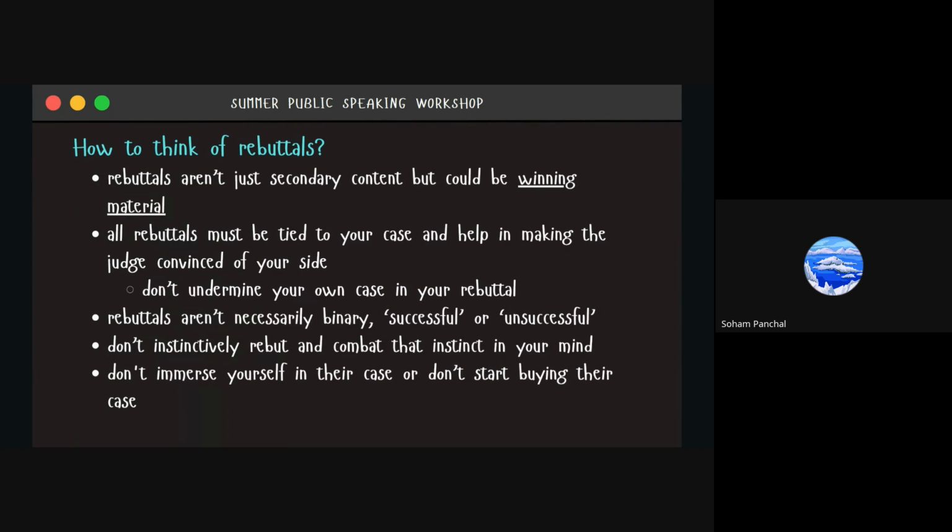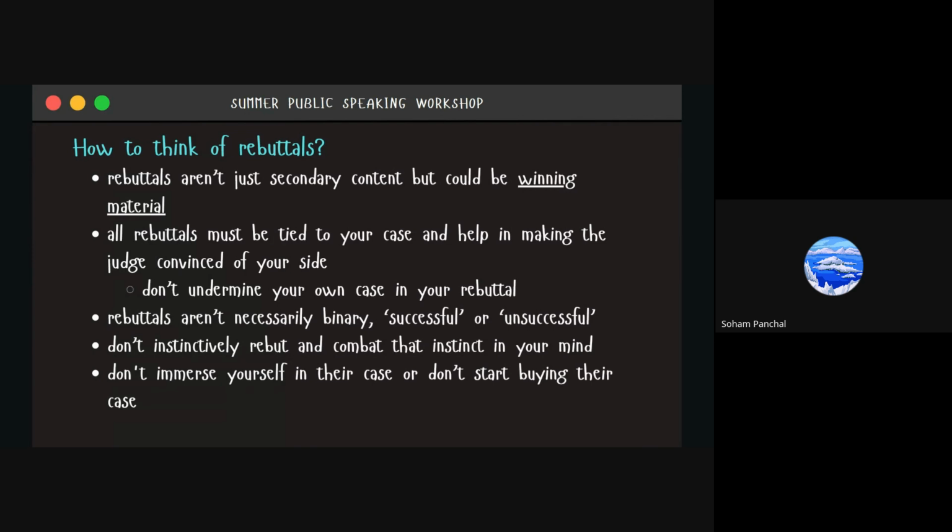Now, one very important point in rebuttals is: do not instinctively rebut, and combat that instinct. Sometimes there is a red herring, something the opposition puts out, and you go out and rebut on that point and waste your time.